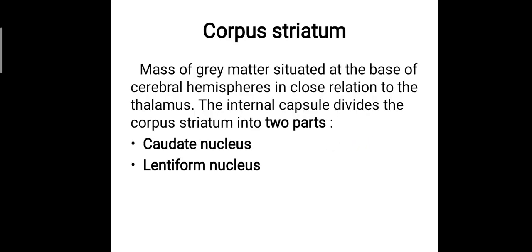The corpus striatum is a mass of grey matter situated at the base of the cerebral hemispheres in close relation to the thalamus. The internal capsule divides the corpus striatum into two parts, the caudate nucleus and the lentiform nucleus.